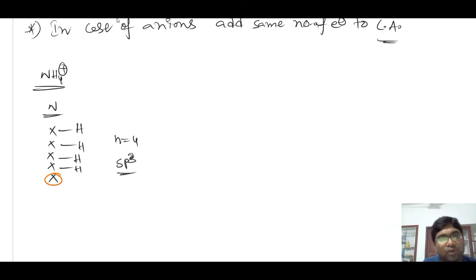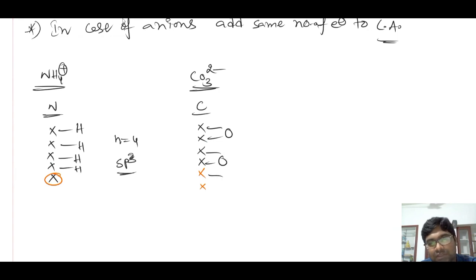And one more, you can take CO3 2-. In this molecule, the central atom is carbon, and it generally has 4 electrons in the outermost orbit, but it has a 2 negative charge, which means we need to add 2 more electrons here. Oxygen valency is 2, so it forms 3 sigma bonds to the central atom. That means the n value is equal to 3. If the n value is 3, the hybridization is sp2 hybridization.